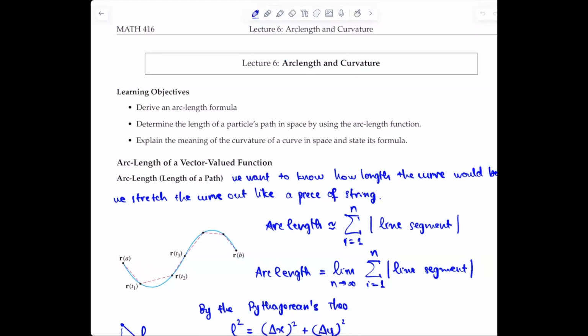You find the length of each line segment connecting 2 points and sum all the lengths together. That's the approximation. Now, to increase the accuracy of the arc length calculation, you take the limit as n goes to infinity. So that's the idea we want to build on.